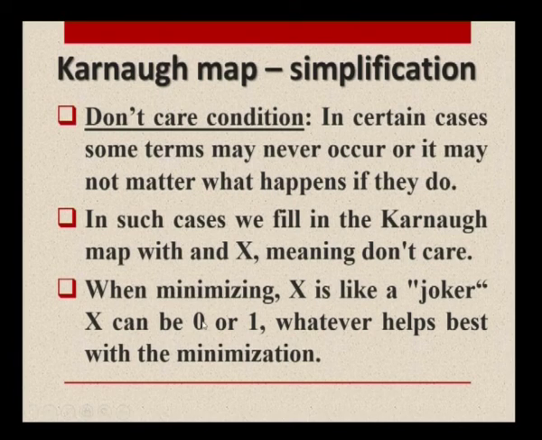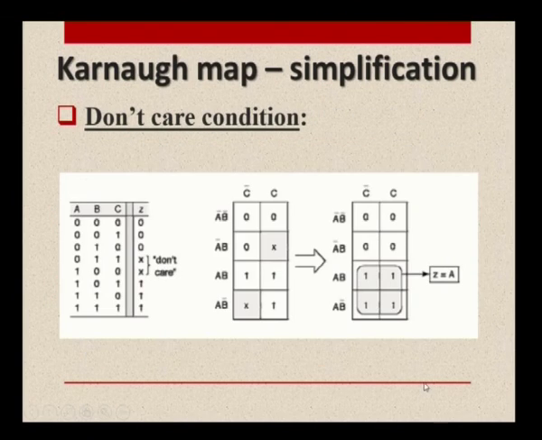It could be considered either as a 0 or as a 1, whatever helps best in minimization. See, the don't cares in expressions appear like this, and they could be considered as zeros or ones as we like. So, the don't care and all that comes in the K-map.